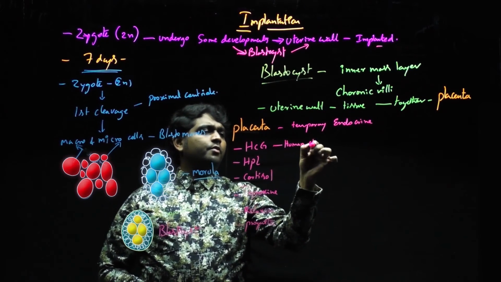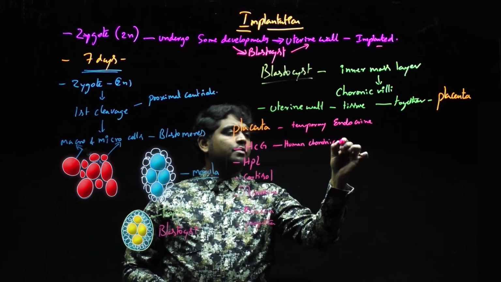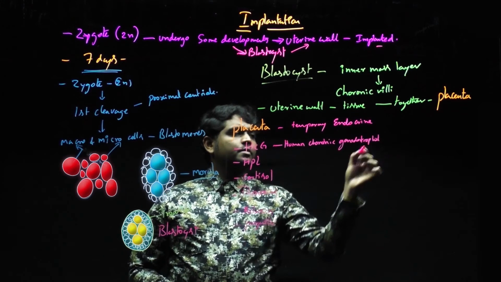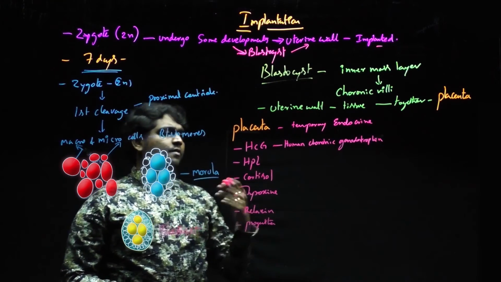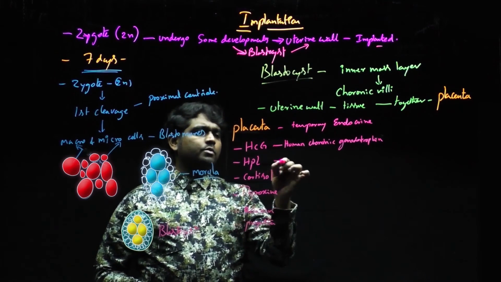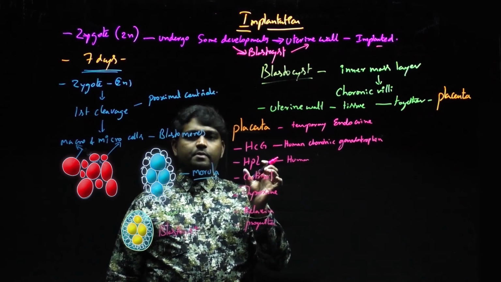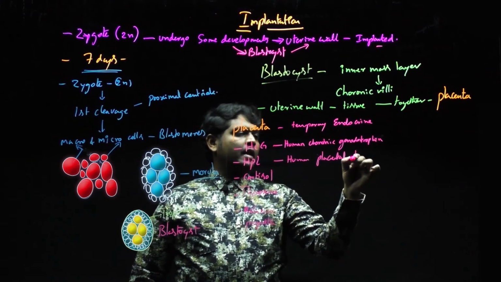Important among these is human chorionic gonadotropin, which helps in feeding and growth. The second one is HPL, human placental lactogen.